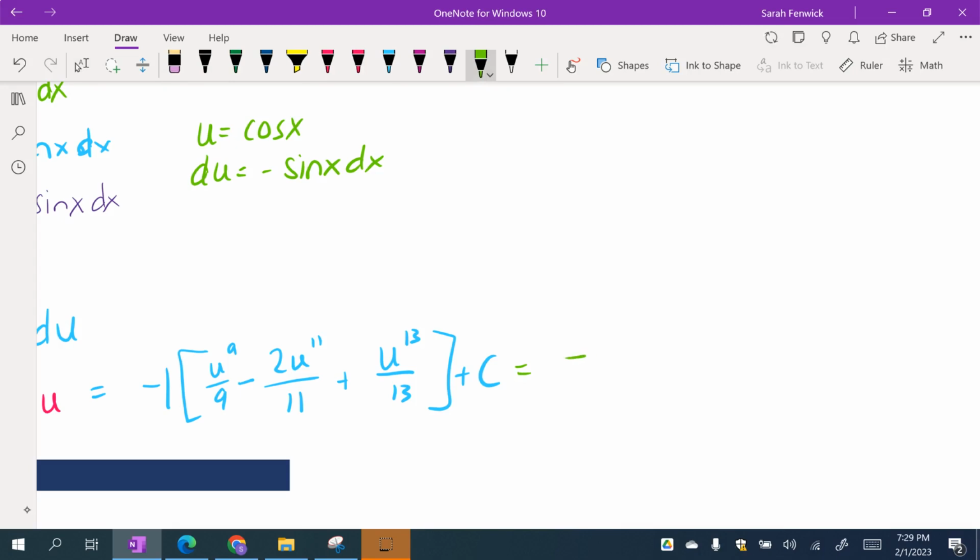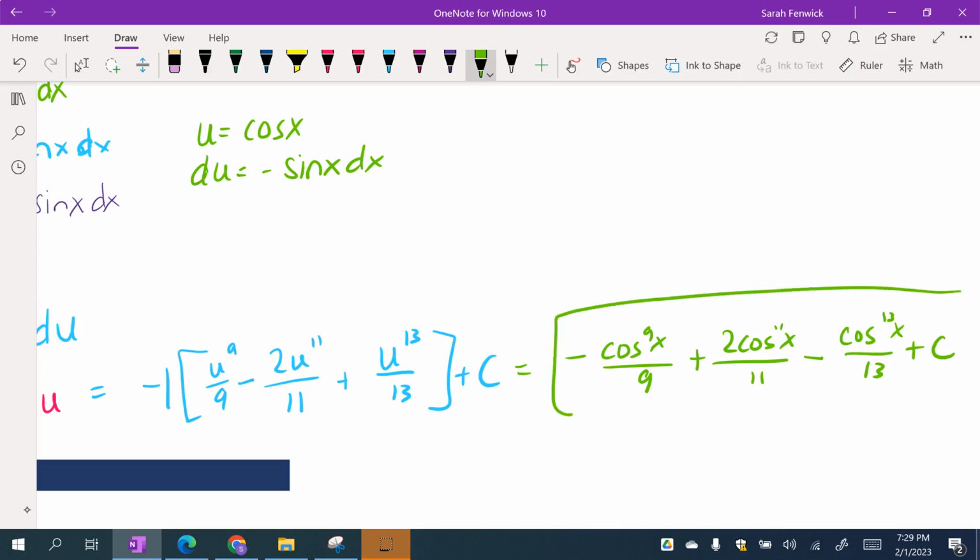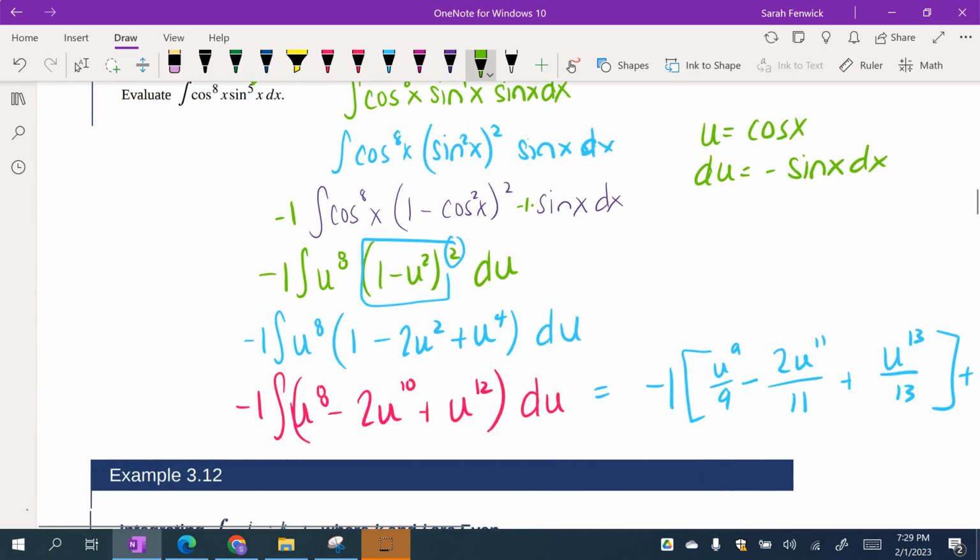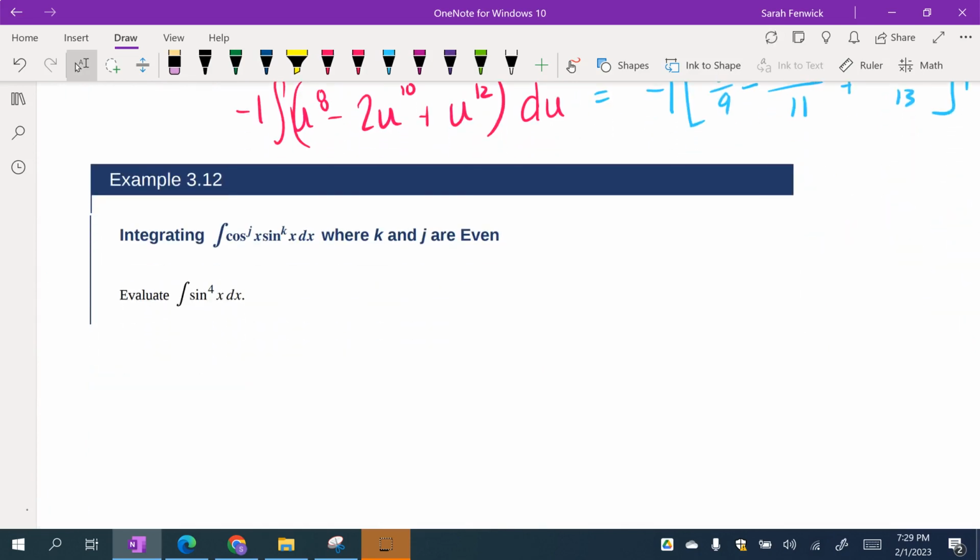So equals negative cosine to the 9th x over 9 plus 2 cosine to the 11th x over 11 minus cosine to the 13th x over 13 plus c. Again, remembering that a lot of times they'll pull that fraction out as a coefficient instead of putting the number under cosine.